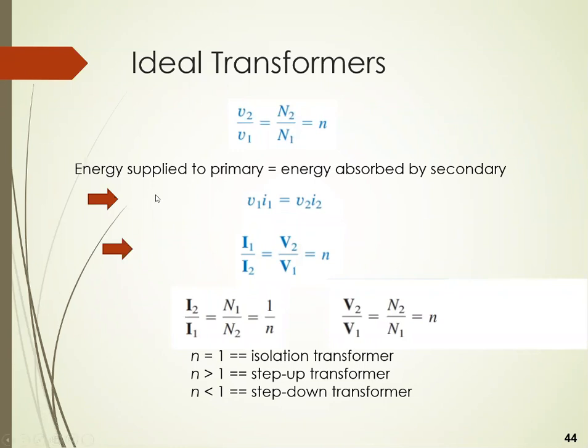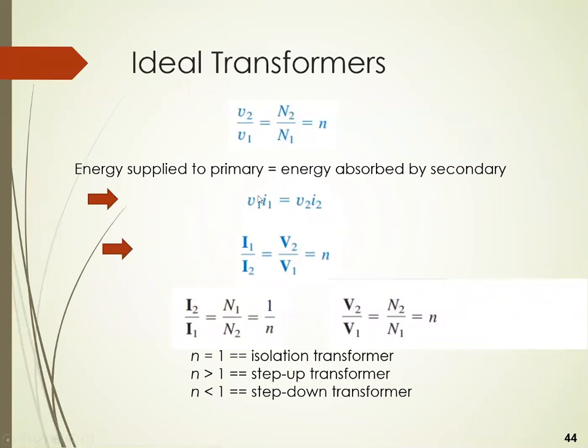So by conservation of energy, again, the energy supplied to the primary is equal to the energy absorbed by the secondary, right? Because remember, the primary is the one supplying voltage. The secondary is the one absorbing that voltage with the load in it. So in terms of energy, or power also, because if you differentiate the energy, you get the power, right?